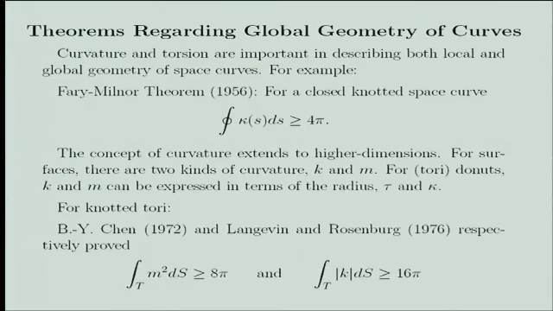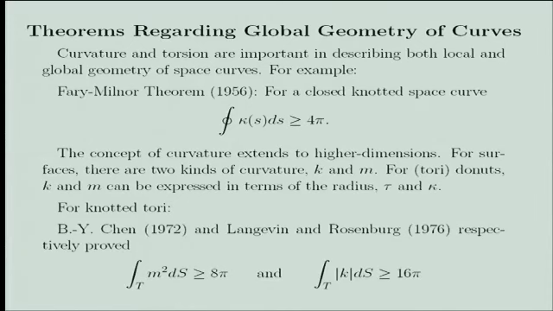So if instead of a curve you had a tube, a knotted torus, and if one integrates, in this case, the mean squared curvature of the surface of that torus, then it has to be greater than or equal to 8 pi, or if one integrates the absolute value of the Gaussian curvature of that knotted torus, it has to be greater than or equal to 16 pi.